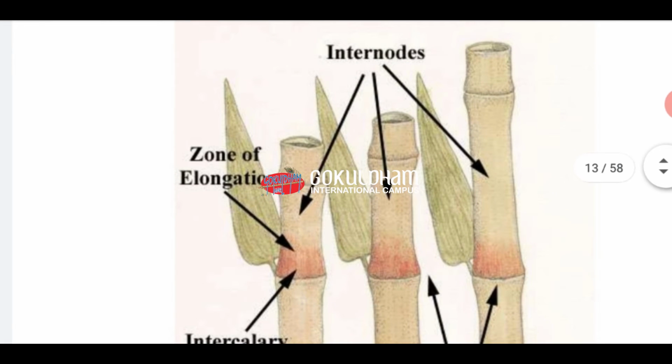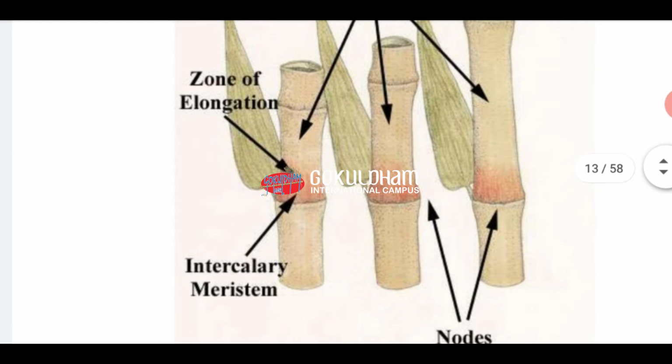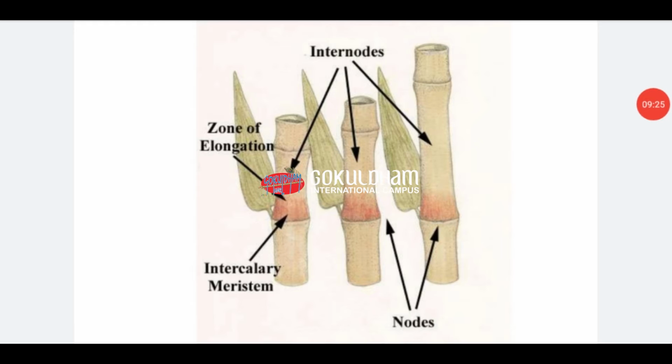So the area between the nodes is known as the internode, and you can see the zone of elongation where intercalary meristems are present. These intercalary meristems are responsible for the elongation of the internode.